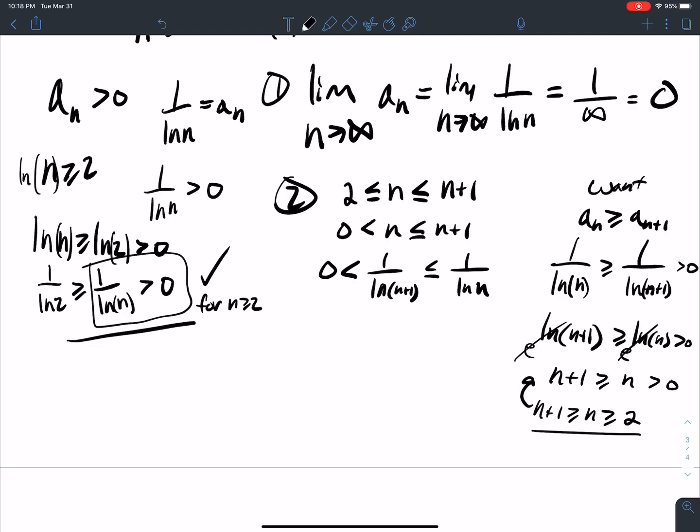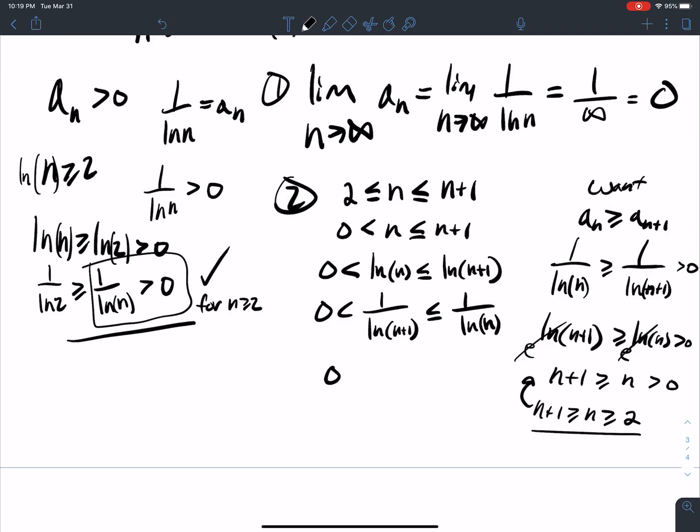Wait a second. What have I done here? I did something too fast. Okay, let me go back. So this needs to be, I need to natural log things. ln n less than or equal to ln n plus 1. All right, now I'm okay. So then I can do the reciprocal, okay? And so when I do this, 0 less than 1 over ln n plus 1 less than or equal to 1 over ln n.